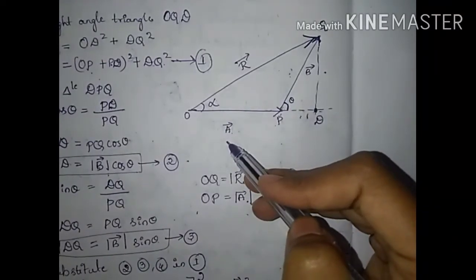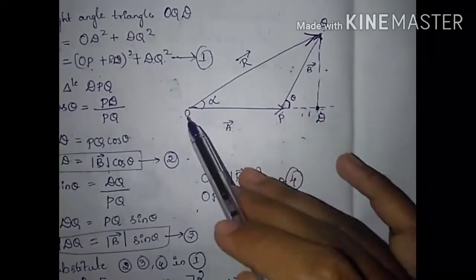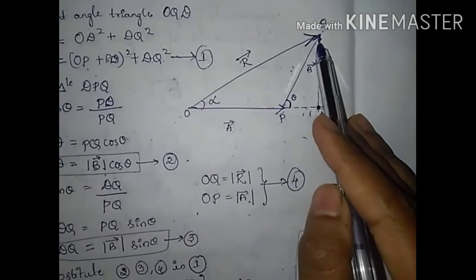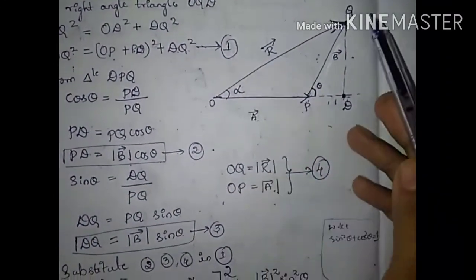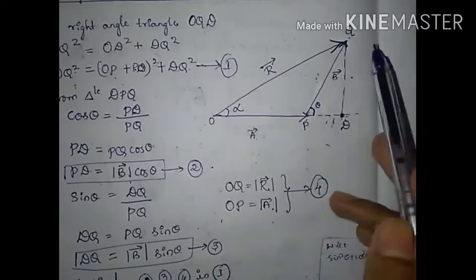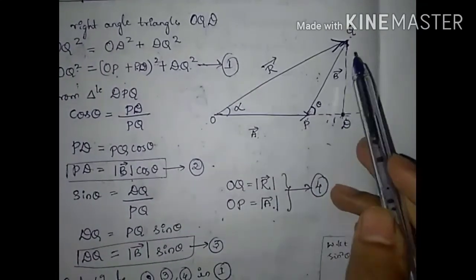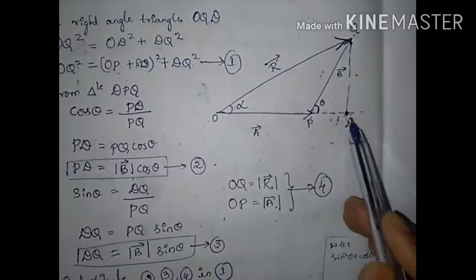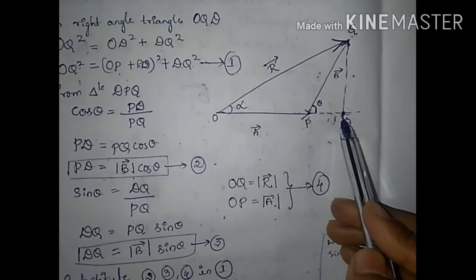So if you consider the triangle ODQ, then from this triangle you can write tan alpha. Tan alpha will be what? QD divided by DO. We know QD, and DO can be written as OP plus PD.